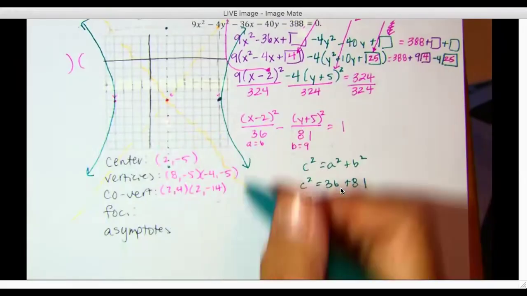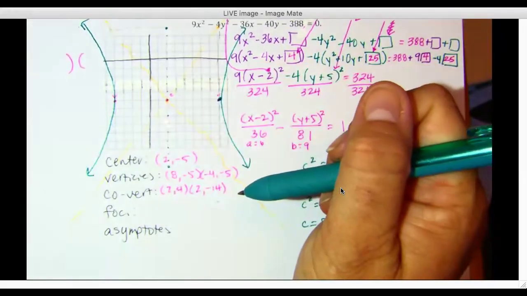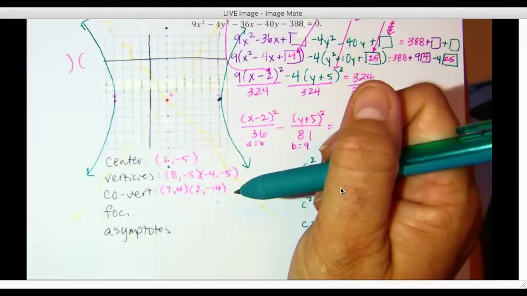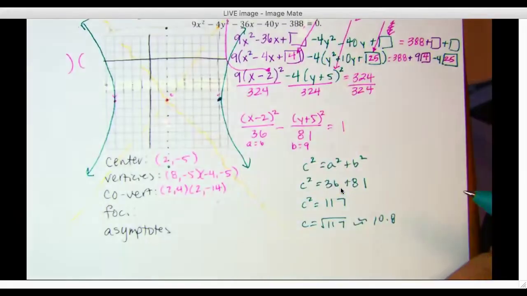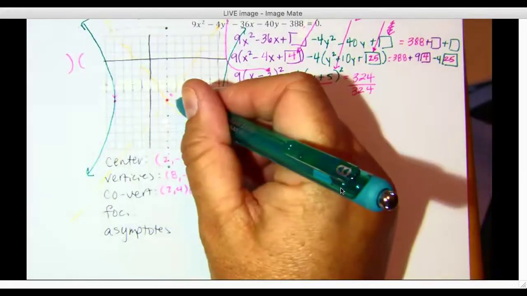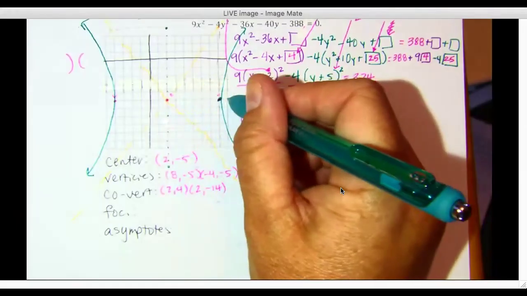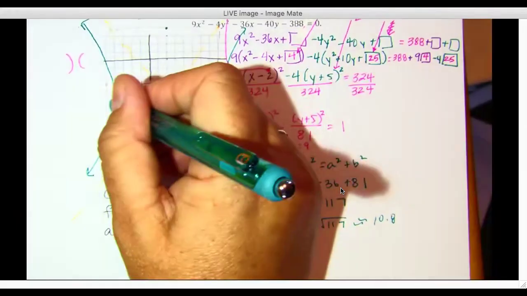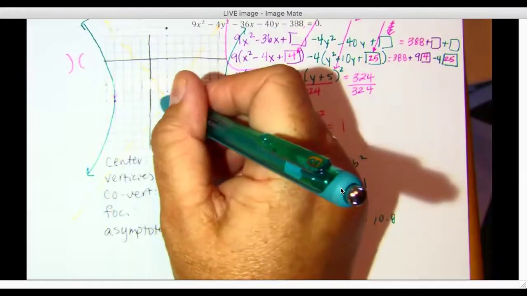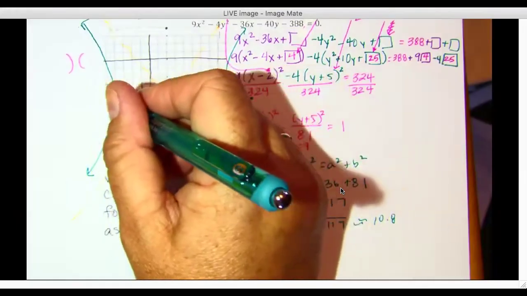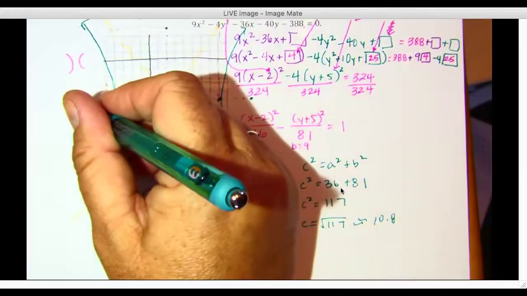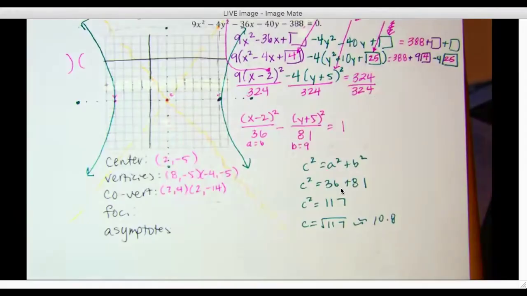So 1, 2, 3, 4, 5, 6, 7, 8, 9, 10. And 1, 2, 3, 4, 5, 6, 7, 8, 9, 10. And there's the other focus. Now, it's not exactly 10, it's 10.8, so I guess I should have gone a little closer to 11. But what we want to use is the square root of 117.